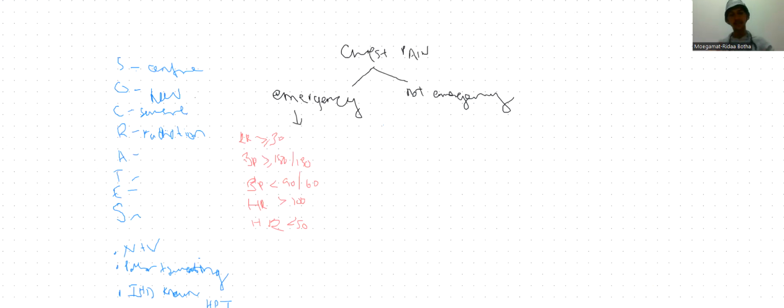So check the vitals. Check the respiratory rate: if it's more than 30, it's urgent; if it's less than 30, it's not an emergency. If the blood pressure is more than 180 over 130, it's hypertension, an emergency. If the blood pressure is below 90 over 60, it's hypotension, an emergency. If the heart rate is more than 100, it's tachycardia, an emergency. Heart rate of less than 50, bradycardia, an emergency.